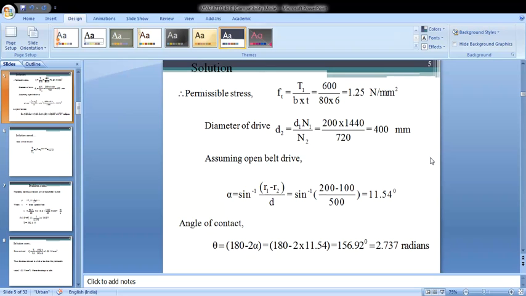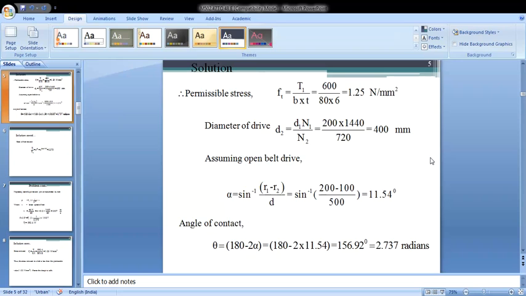Then alpha is 11.54 degrees. So the angle of contact theta is equal to 180 minus 2 into 11.54, which is theta equal to 156.92 degrees.